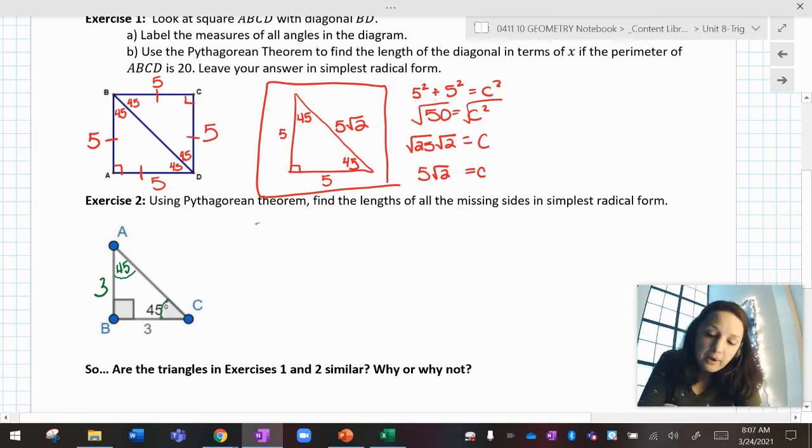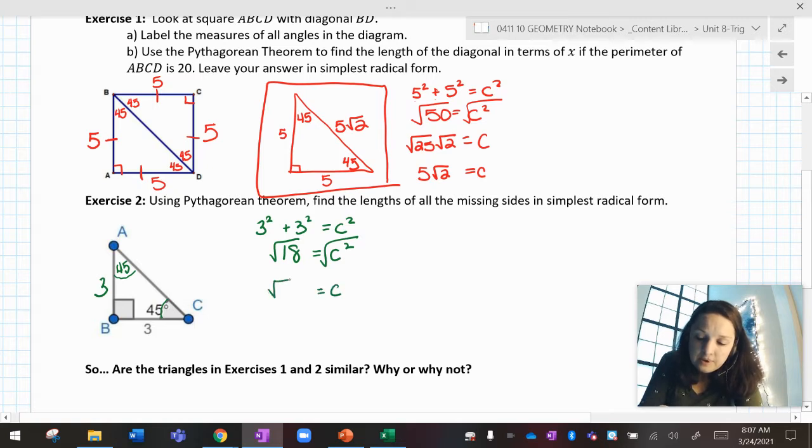To find the hypotenuse, I'm going to do a squared plus b squared equals c squared. 3 squared is 9. 9 plus 9 is 18. Solve for the hypotenuse, square root both sides. C is the square root of 18. 18 is 9 times 2. So C is 3 root 2.